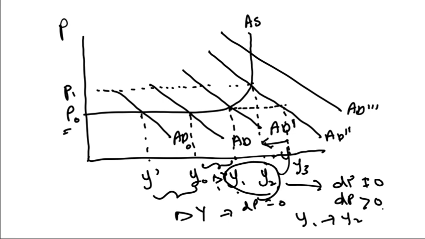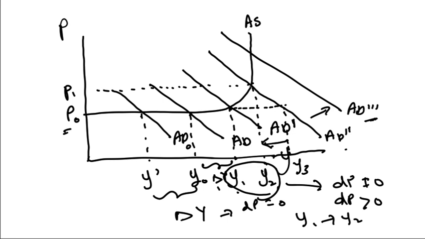Okay, now let's move on. Let's say currently our AD is at AD double prime. Therefore, the price is at P1 and the income is at Y2. Let's say there is an increase in AD from AD double prime to AD triple prime here. So it moves to the right further.